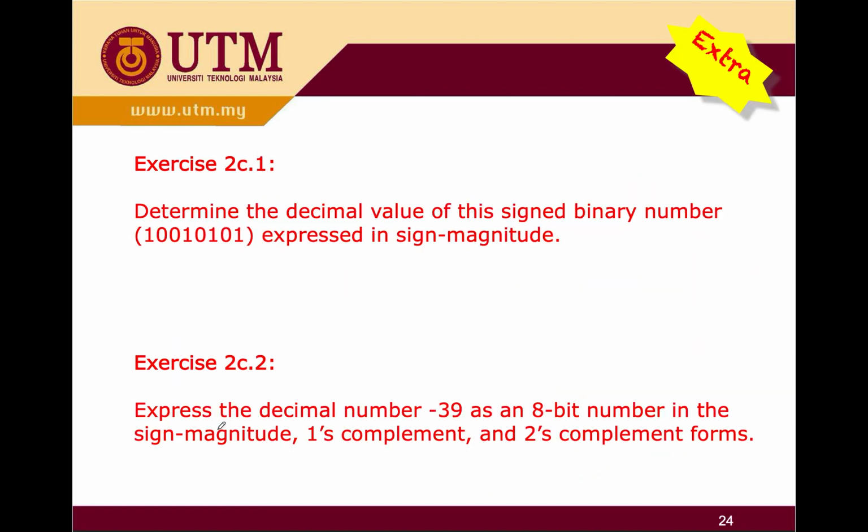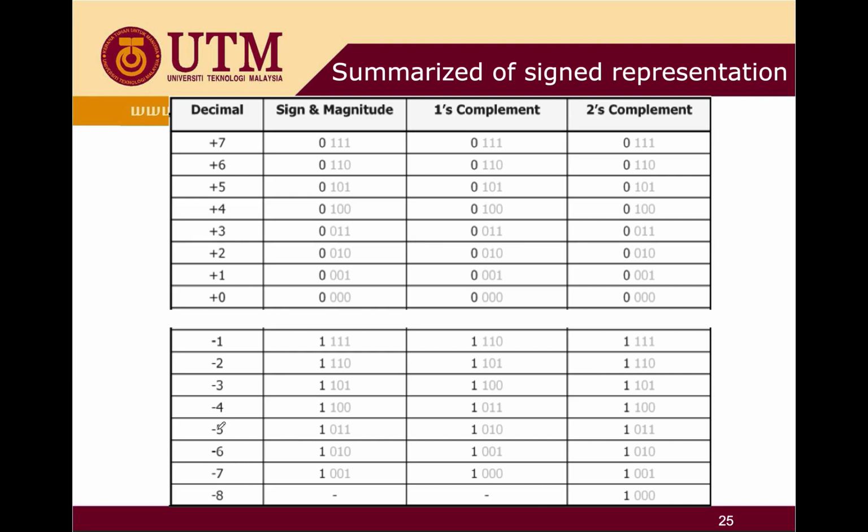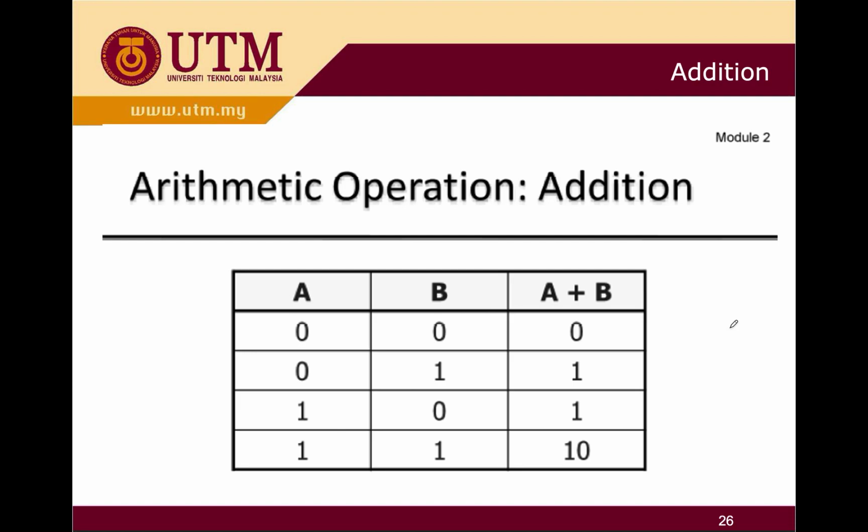So now exercise 2, you can try it on your own, I think. Similar also with this table. Quite easy because we have already done it before this. Just fill it. And this is the table that I mentioned. If you have 0 plus 0, you will get 0.